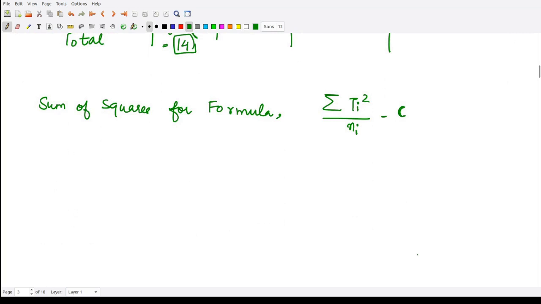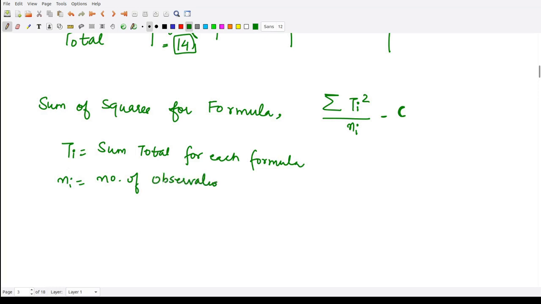Ti is the total which we have calculated, the sum total for each formula. Ni is the number of observations given for each formula. And C is the correction term, which we have already calculated.